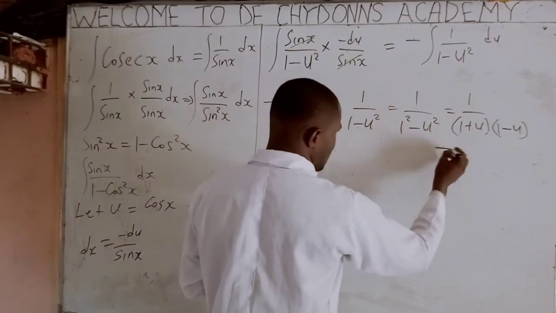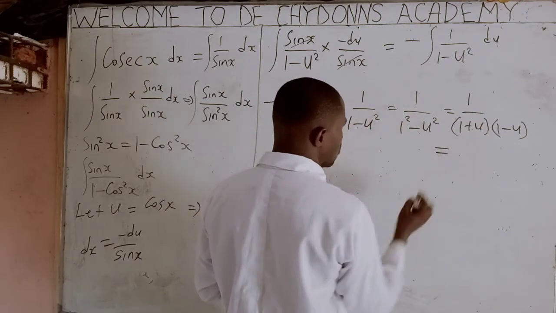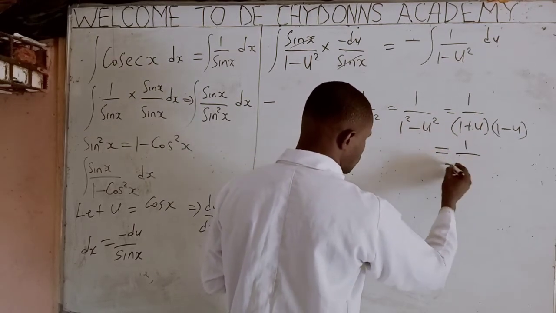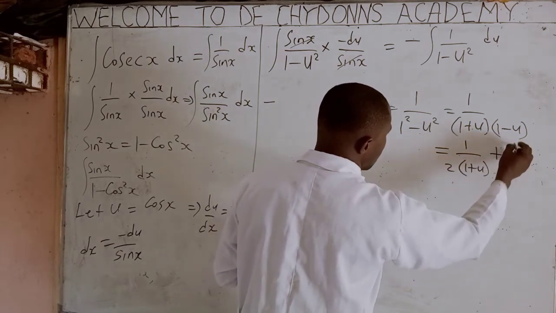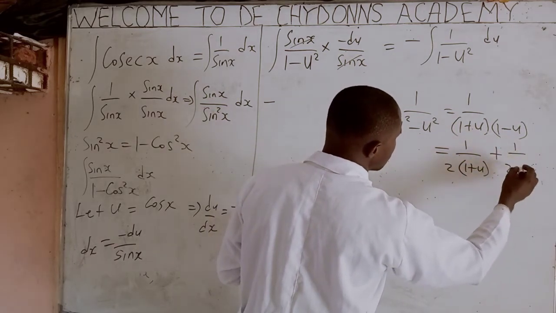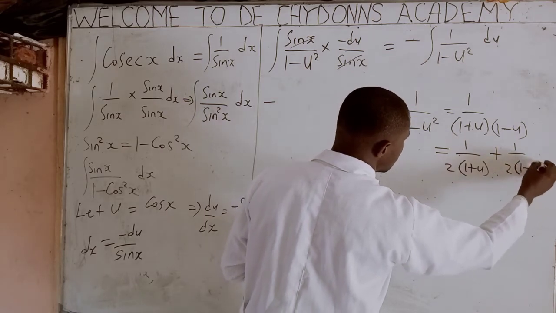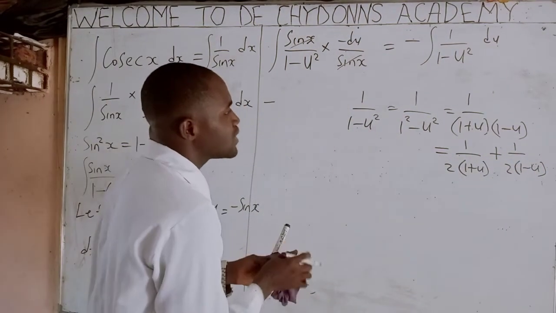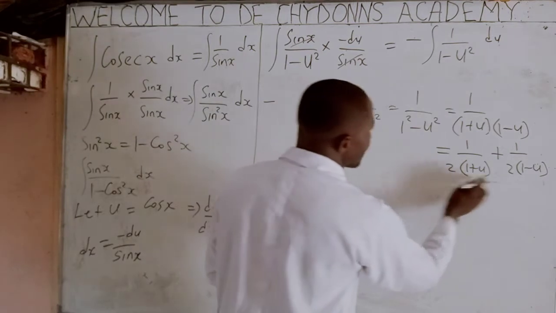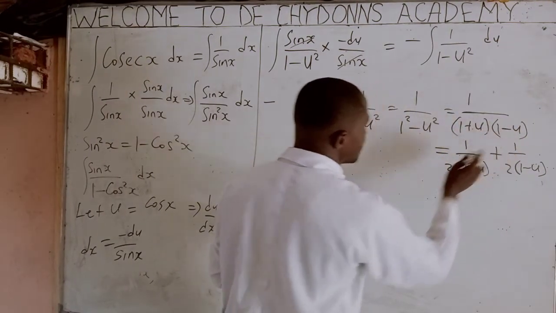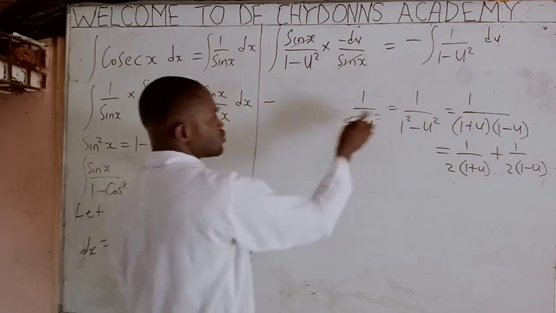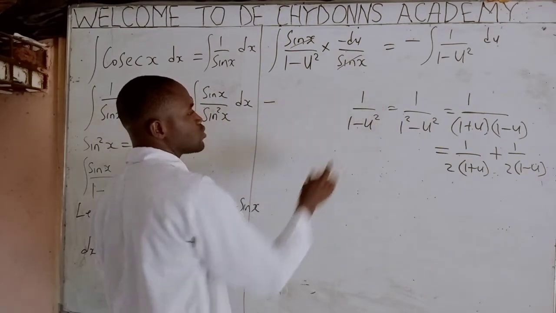Then this is the same thing as writing 1 over 2 bracket 1 plus u plus 1 over 2 bracket 1 minus u. That is because if you take the LCM of this and sort it out, it will still give you 1 over 1 minus u squared.